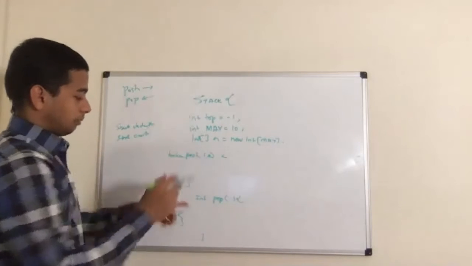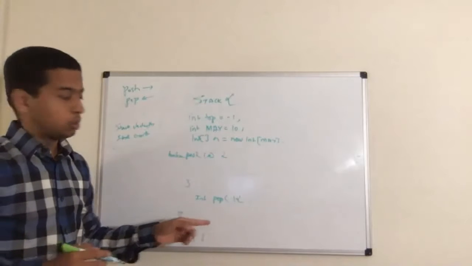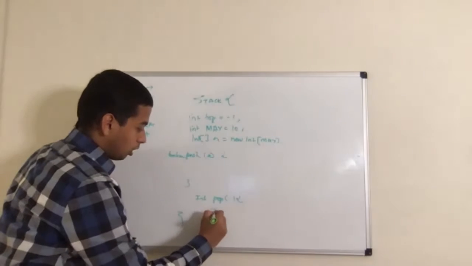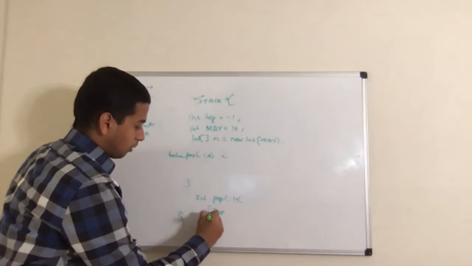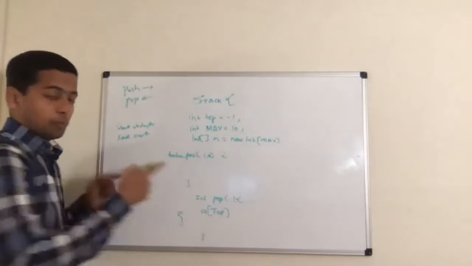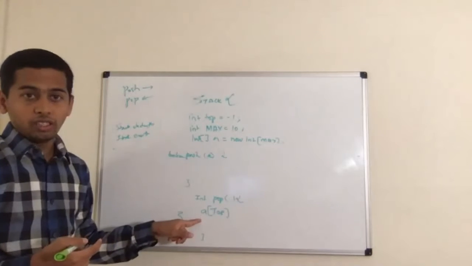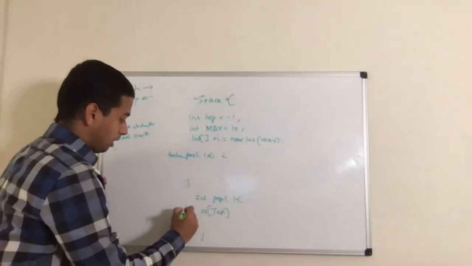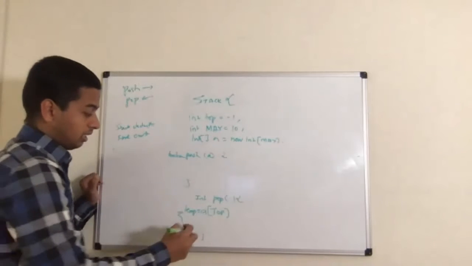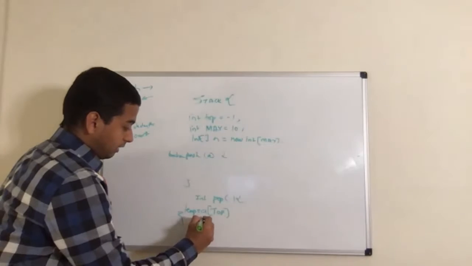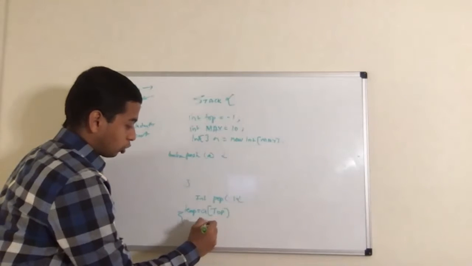So when it is a pop operation, what are we going to do? We are just going to take A of top. A of top is the topmost element, right? I'm going to return this element. So I'm taking a temporary variable and assigning it the value A of top, and then decrementing the top pointer.